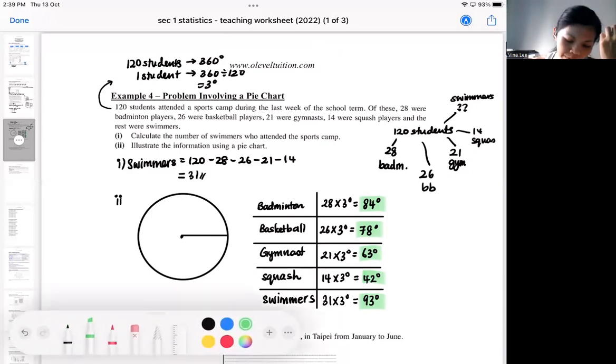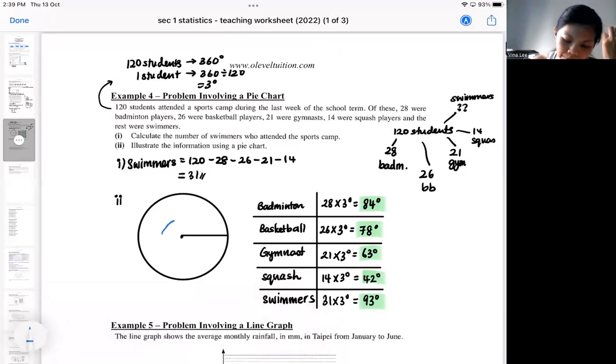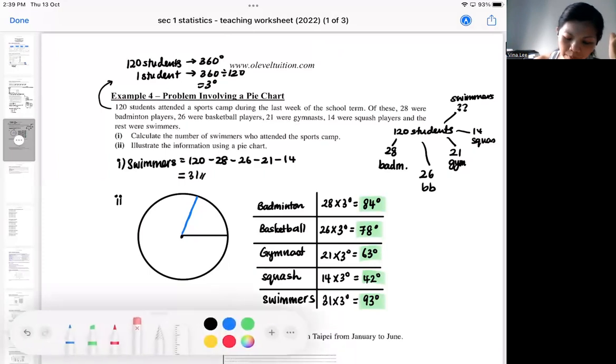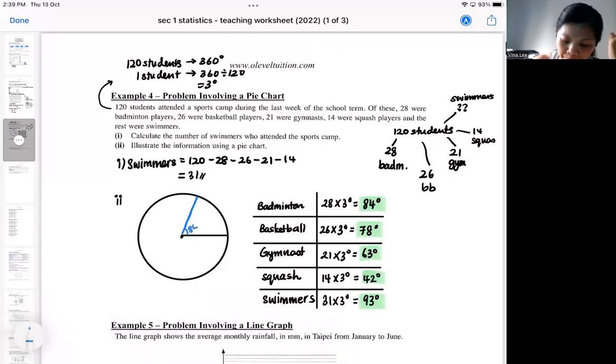I'm going to put my protractor here first. I'm just roughly drawing it out. Go and look for 84, the 84 degree. That will be the section for badminton.